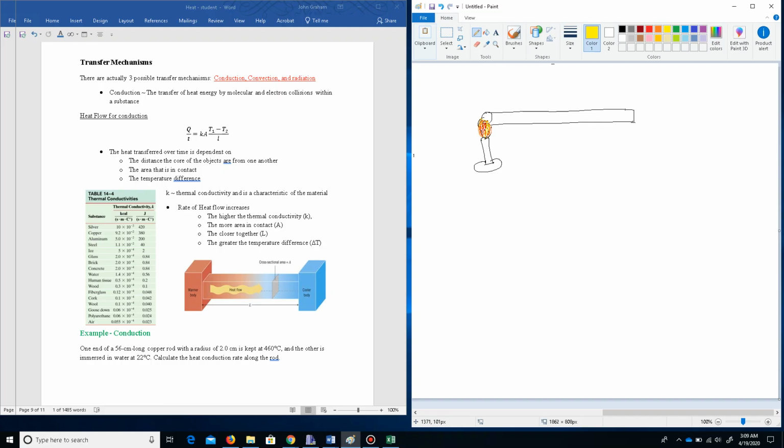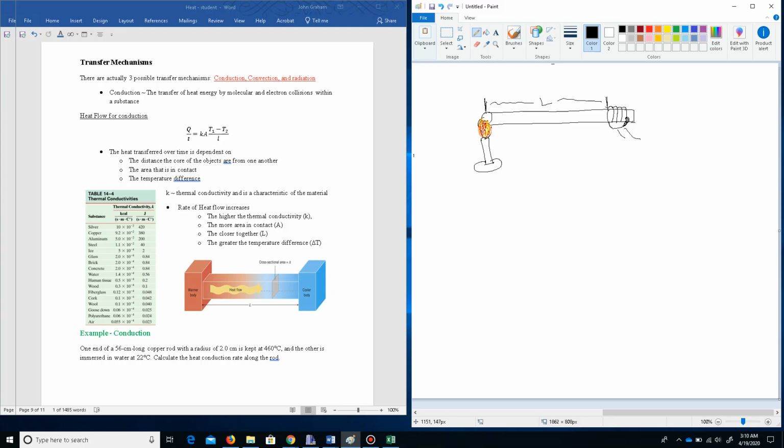Okay, that's the flame. And someone's going to be holding it on this end. And so we have a certain length here, from here to here, while they are holding it, to when they start to feel the heat.